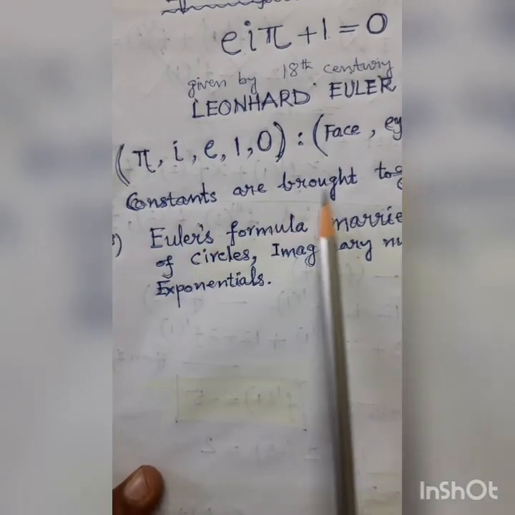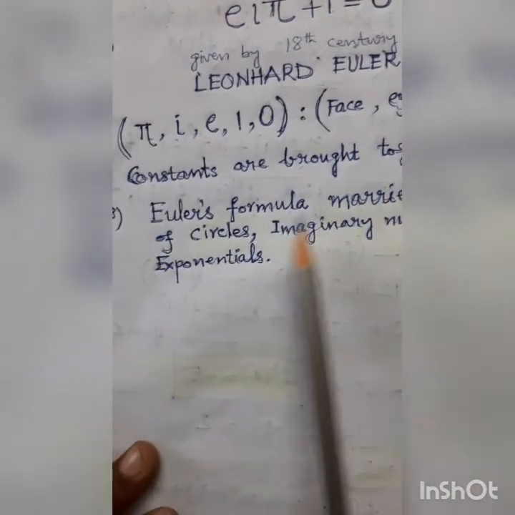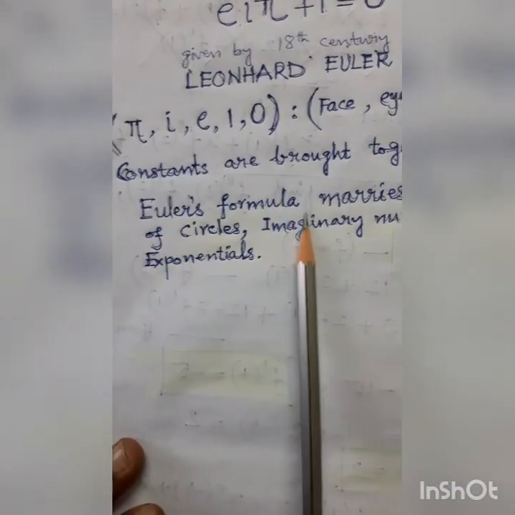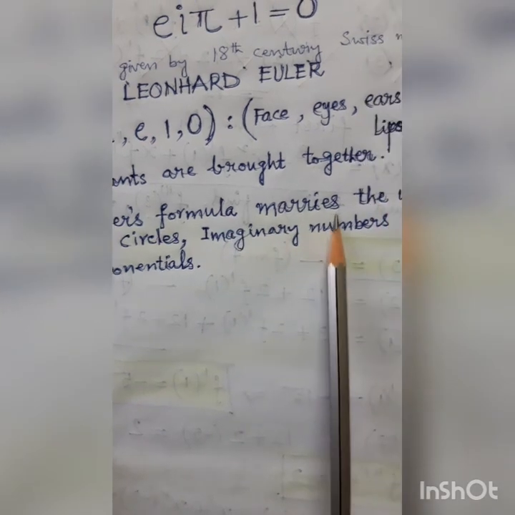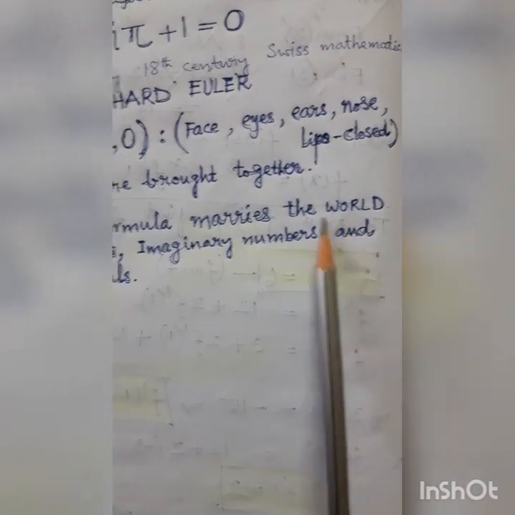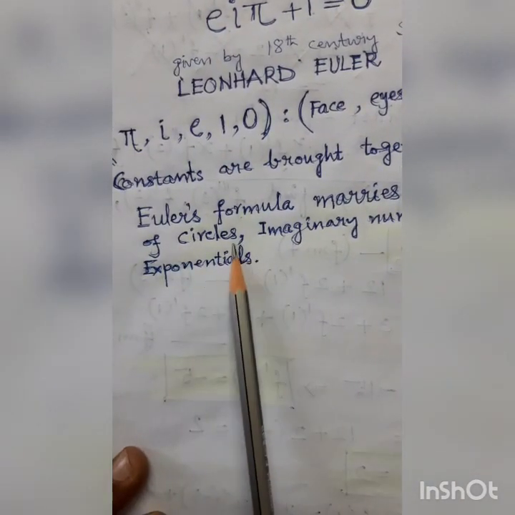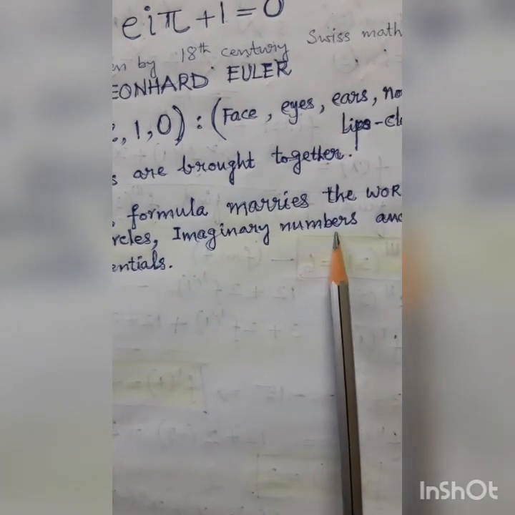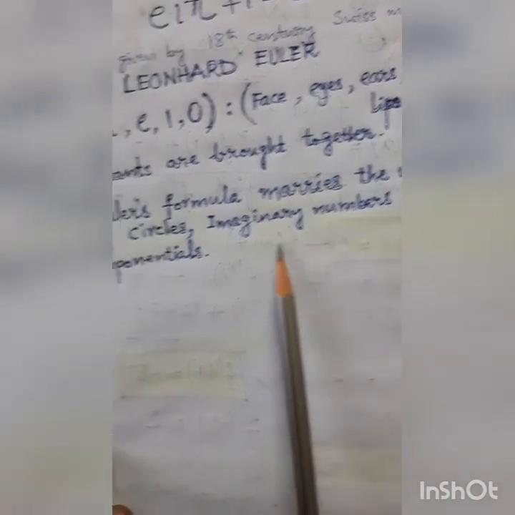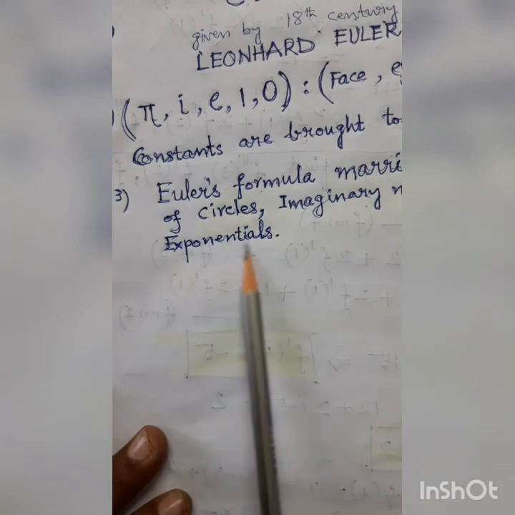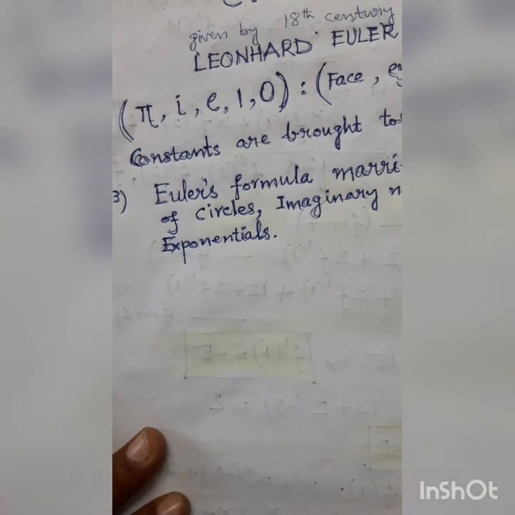The constants are brought together. Euler's formula marries the world of circles, imaginary numbers, and exponentials.